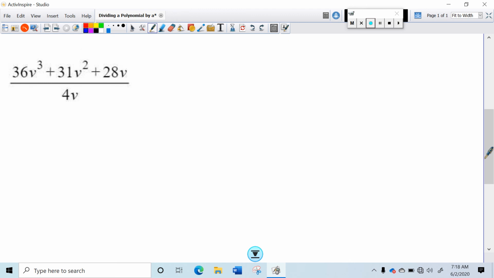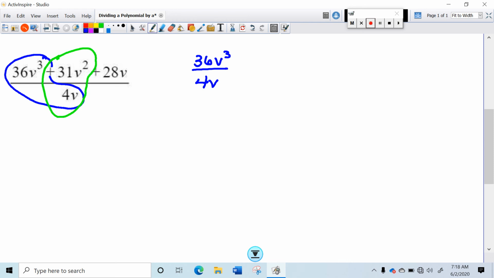This is a different way of writing a division problem, but it's handled the same way. So I've got 36v cubed over the denominator, 4v, and I scribbled over that. I can't tell if it's a plus or a minus. It's a plus. Okay, so then I do this one.